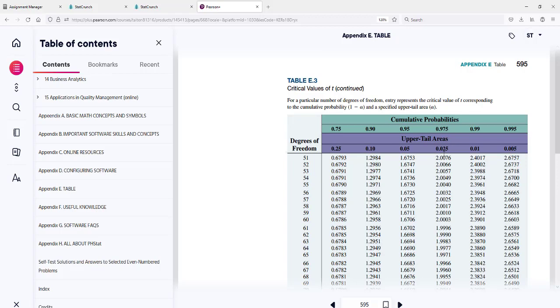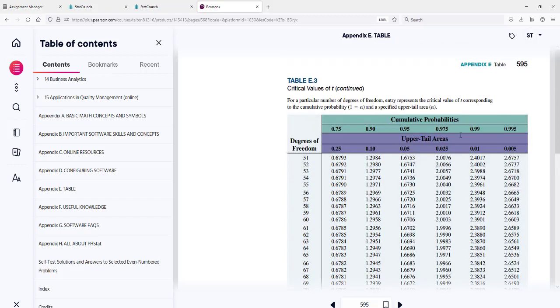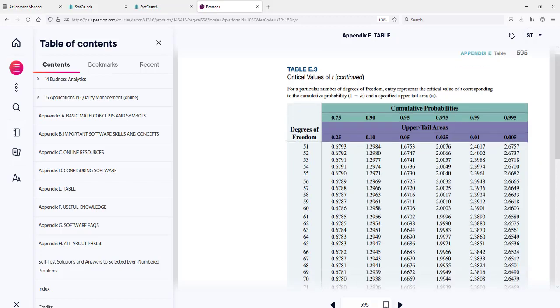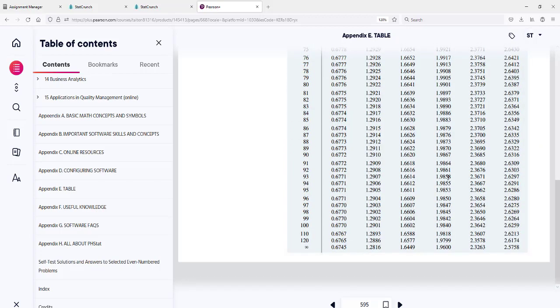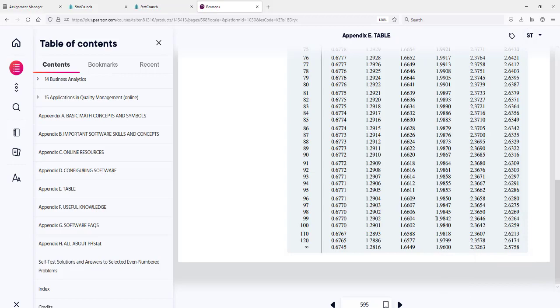So if I scroll down, I'm in this first, second, third, fourth column where it says 0.025. I'm going to go all the way down to 99. And when I get to 99, I highlighted it, I'll do it again.